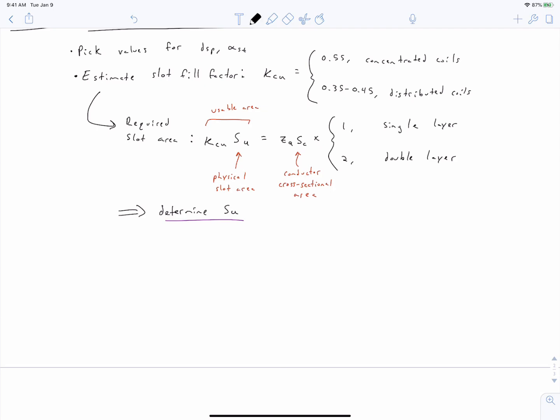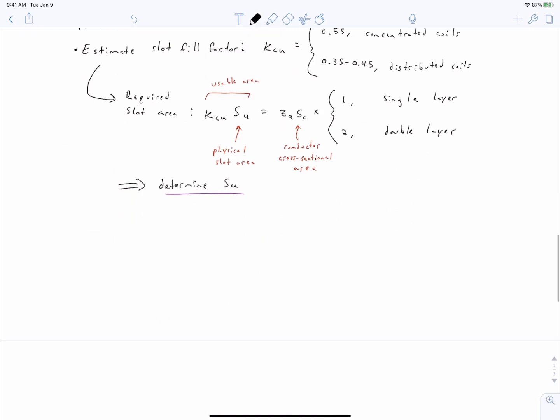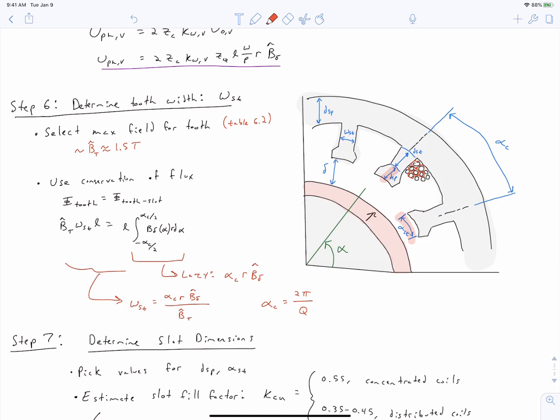Next, we're going to relate our slot area back to our dimensions. And specifically what we're trying to do is come up with an expression for DST in terms of the required slot area. And the way that we do that is we can look at this cross-section up here, and we can say that our slot area, so that's this area in here, is going to be equal to the total area of a slot tooth span subtracted by the area that's populated by the tooth.